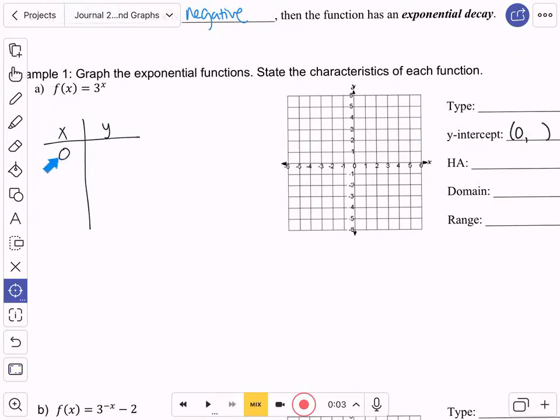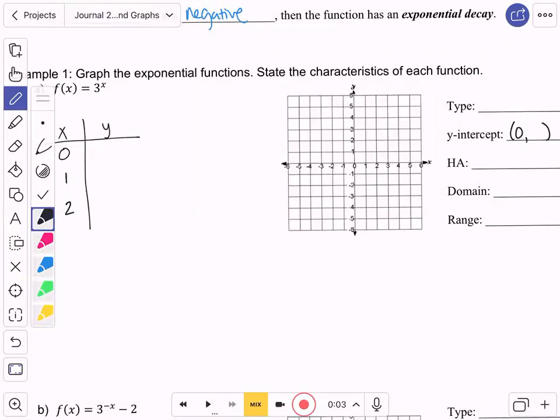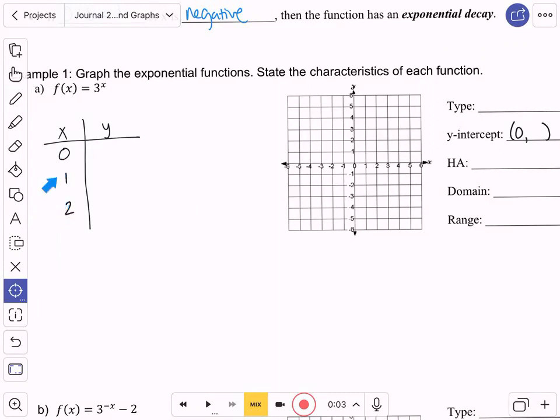So might as well just plug in 0. And then I might pick 1 or 2, because they're easy to plug in. You can pick any numbers, but I recommend choosing at least 3 and always choosing 0.